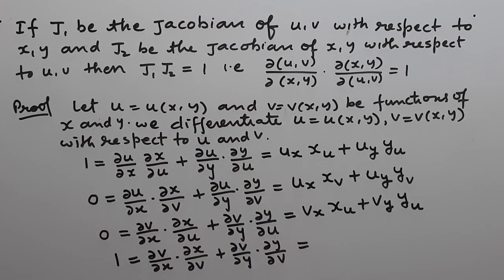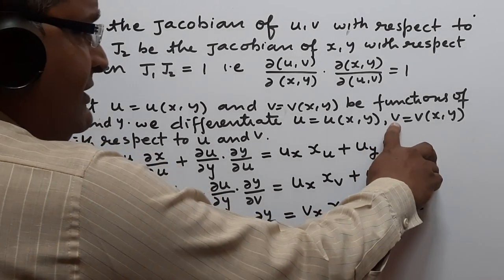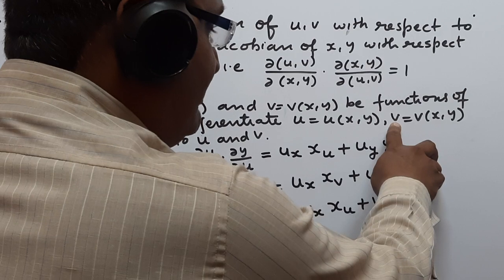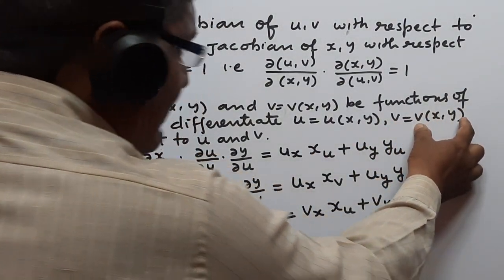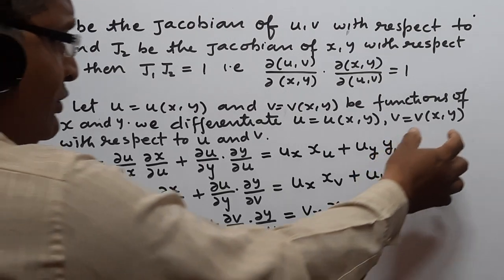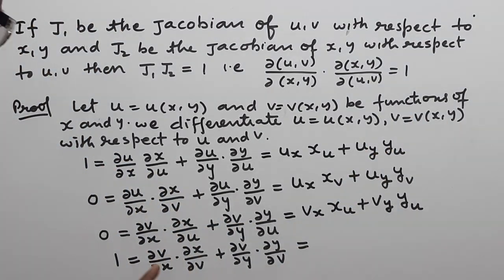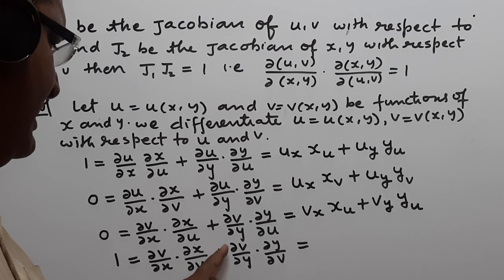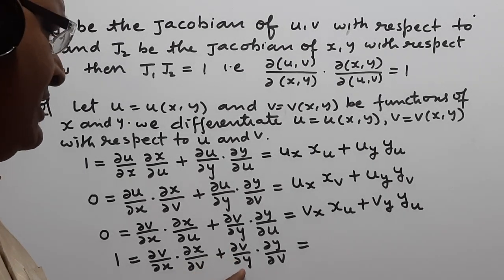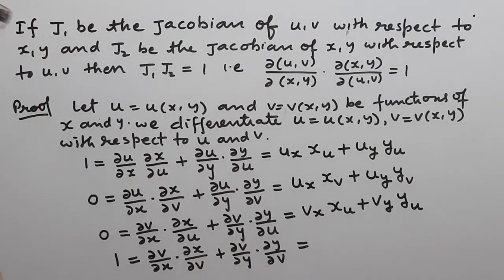You can see here v is equal to v(x, y). This is differentiated partially with respect to v. So in the left hand side we get 1 here. On the right hand side, this can be written as del v upon del x multiplied by del x upon del v plus del v upon del y multiplied by del y upon del v.